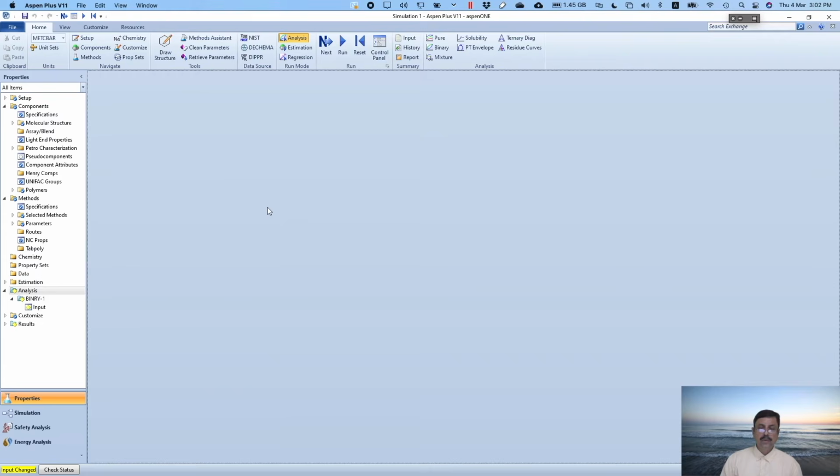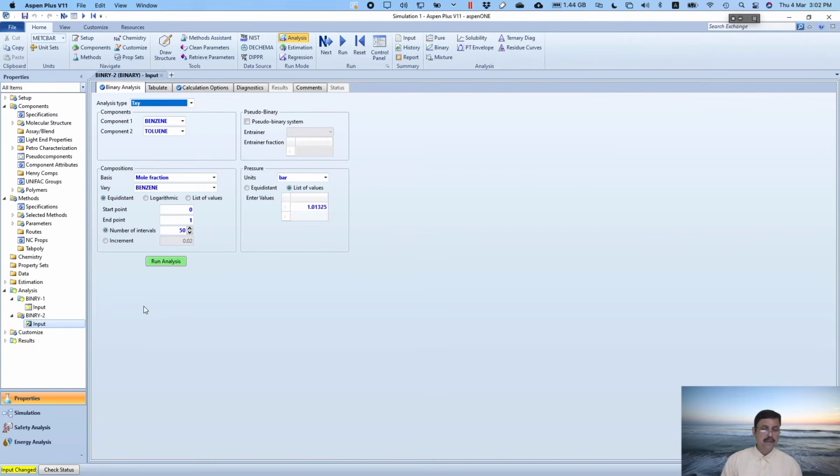Now again you take this binary over here. The second binary unit comes up. Press water and then phenol. Mole fraction of water from 0 to 1 with 50 intervals. Pressure remains the same. Run analysis.